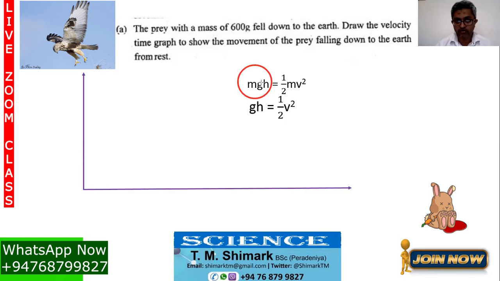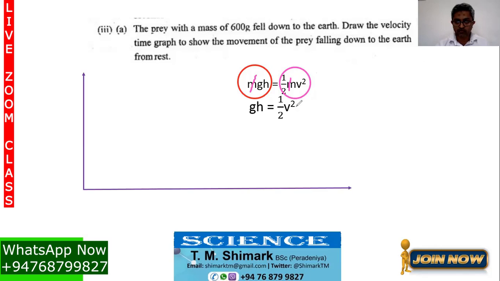Mass into gravitational force into the vertical height, and the kinetic energy is calculated as half into mv squared, mass into velocity squared. Here we can see with this equation, mass and mass will cancel off, so gravitational force into height will be equal to half into v squared.